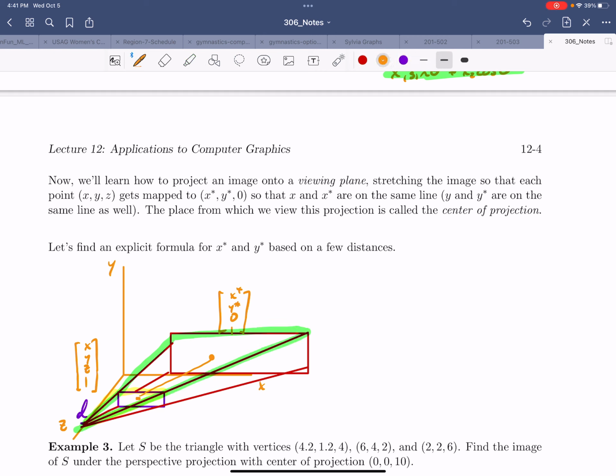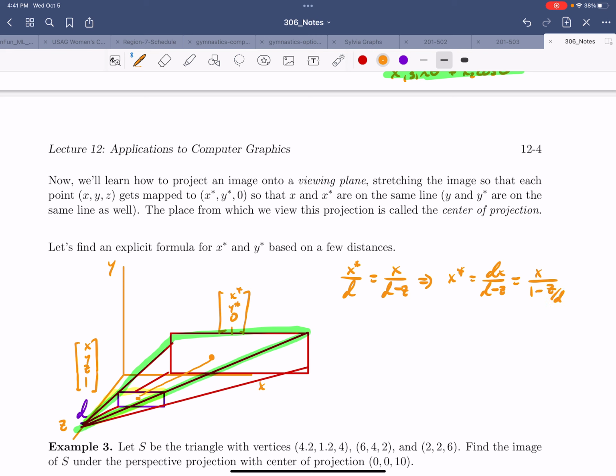And so when you do it out, you wind up getting x star over d equals x over d minus z, which gives x star equals dx over d minus z, or if you want to drop the d somewhat, divide the top and the bottom by d, you get this.